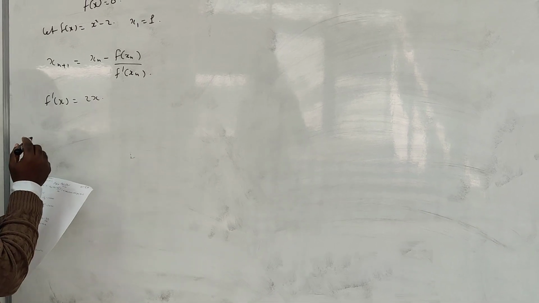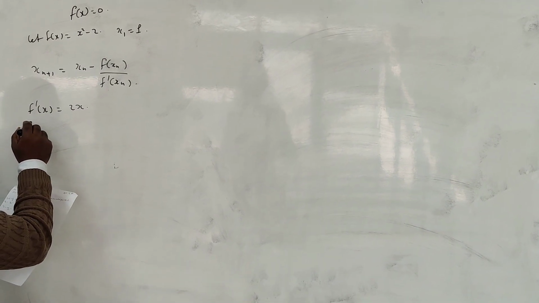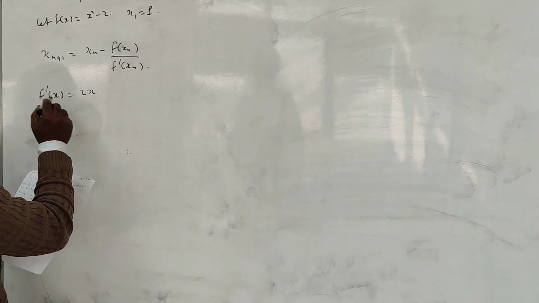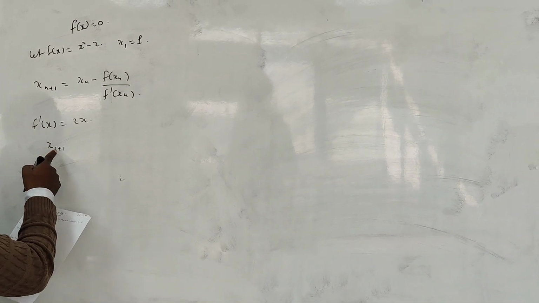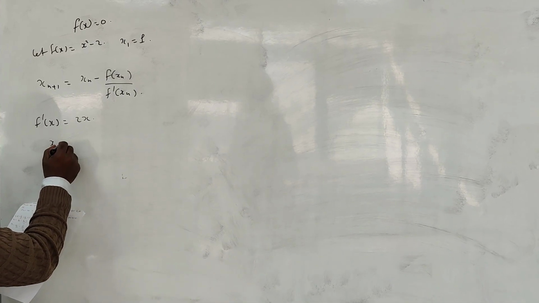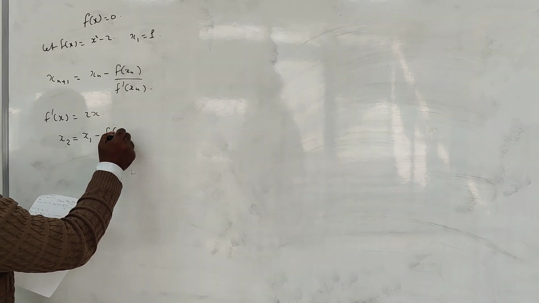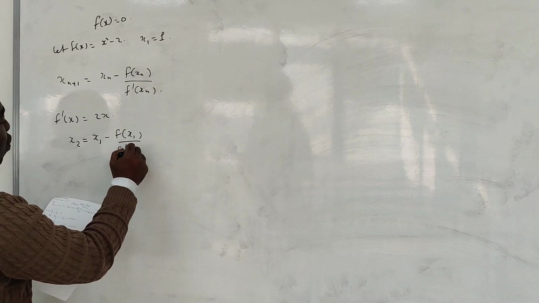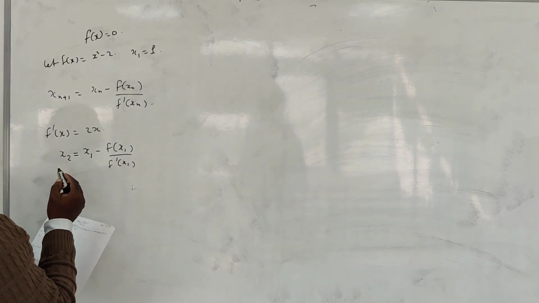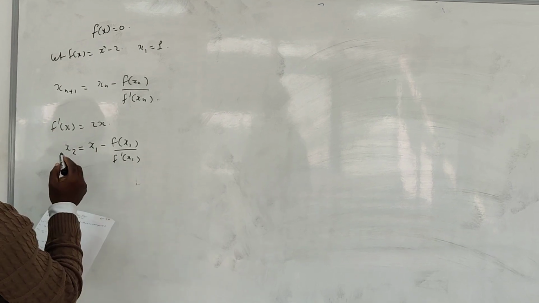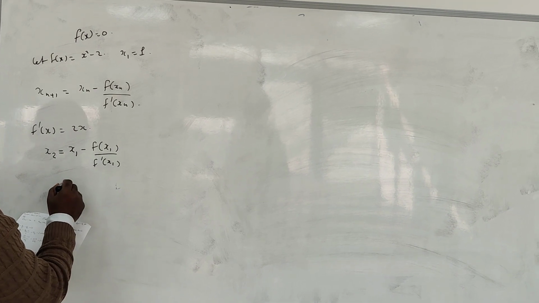Then we can substitute all these values into the given formula. When n is equal to 1, we have n plus 1, which is 2. So x2 equals 1 minus f of x1 divided by f prime of x1, where f of x is given as x squared minus 2.